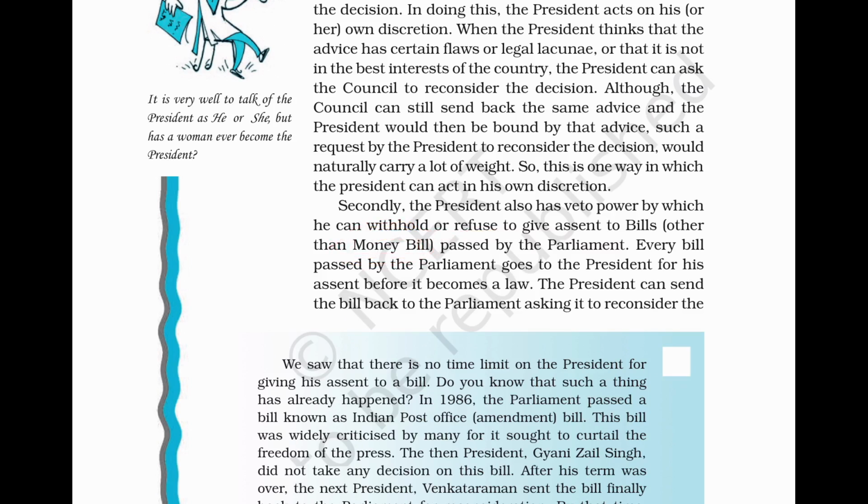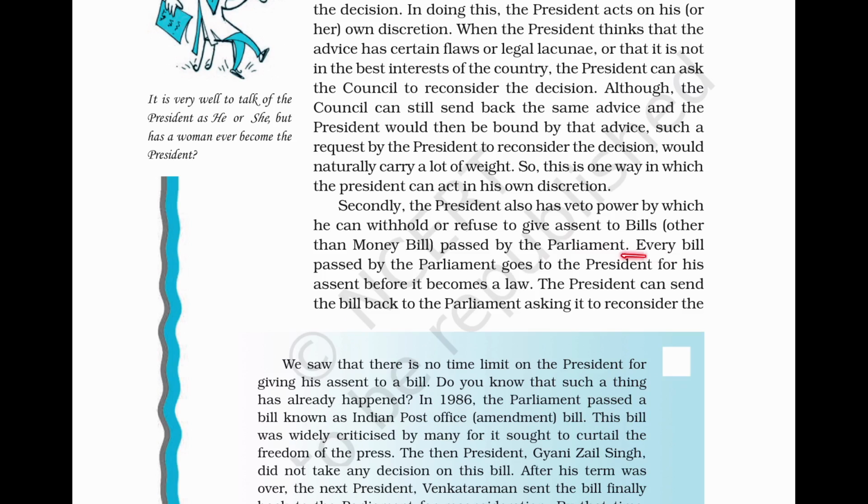But otherwise, if the parliament passes a bill, and we have seen in the previous video that a bill will become a law only when it receives president's assent or final approval after passing through all the stages. So, except the money bill, the other bills the president can reject.